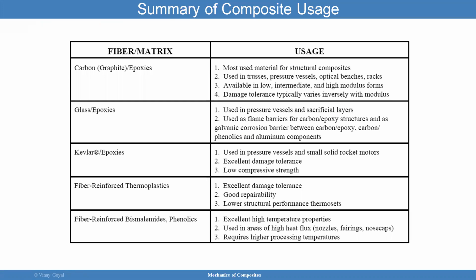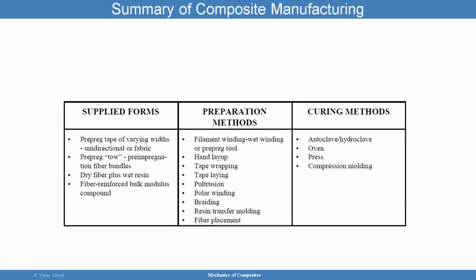Kevlar epoxies can be used for impact damage resistance, has been used in pressure vessels and small size rocket motors, and has low compressive strength. So keep that in mind as you work it. You have fiber reinforced thermoplastics, excellent damage tolerance, good repairability, and also lower structural performance than thermosets. And yeah, so those are the ones I wanted to cover.